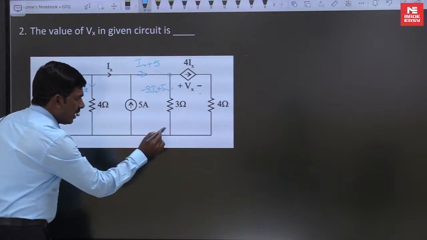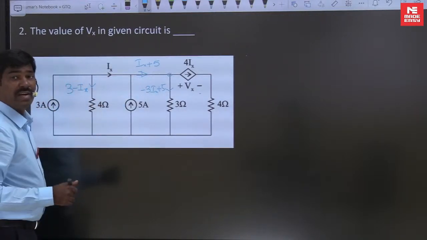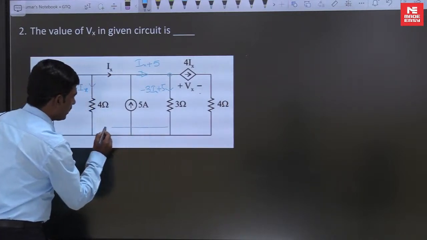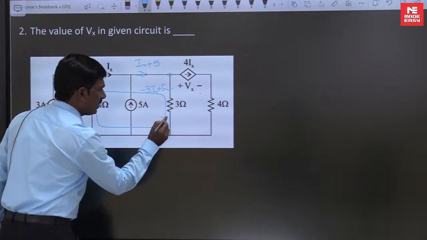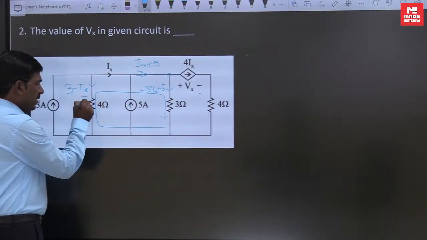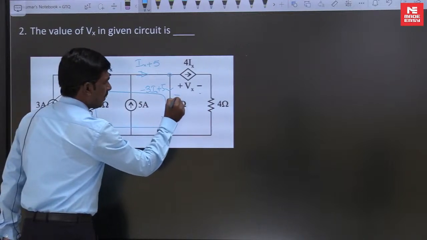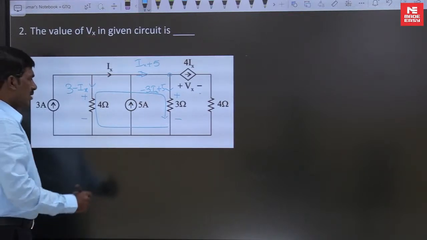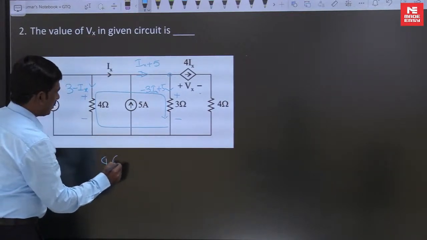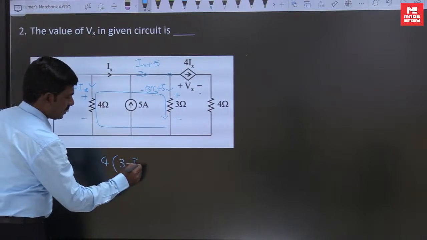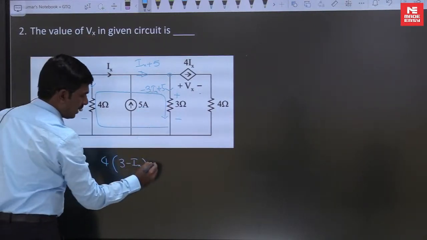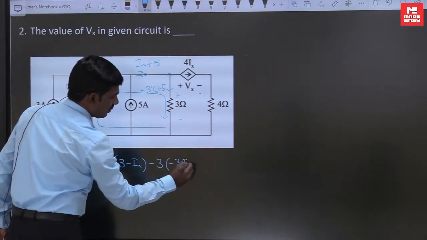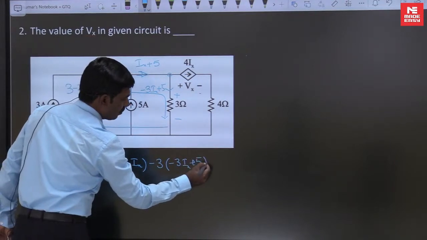Just apply KVL in this loop. Our intention is to find the Ix value first. For that purpose, you have to apply KVL in this loop. Current entering the positive terminal and leaving is minus. Yes or no? Clear now? So 4 into (3 minus Ix) plus 2 minus 3 into the current, which is minus 3Ix plus 5, is equal to 0.